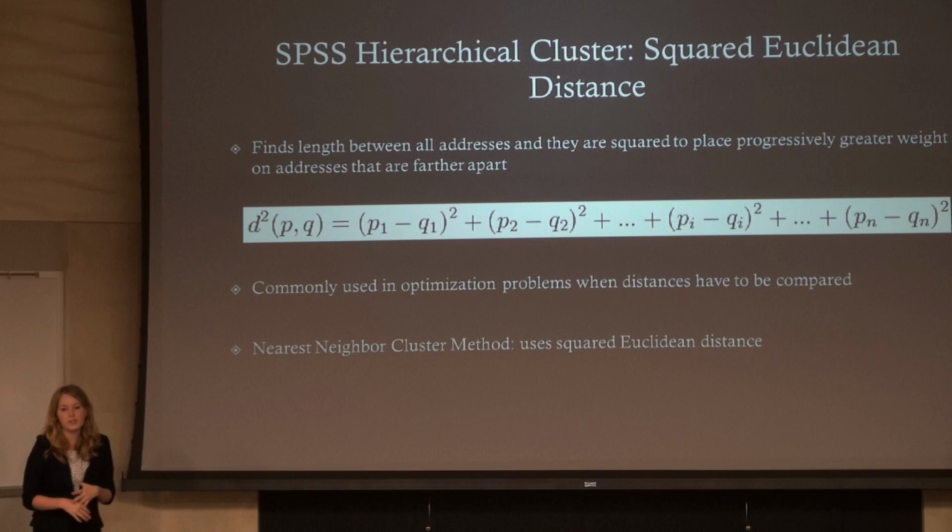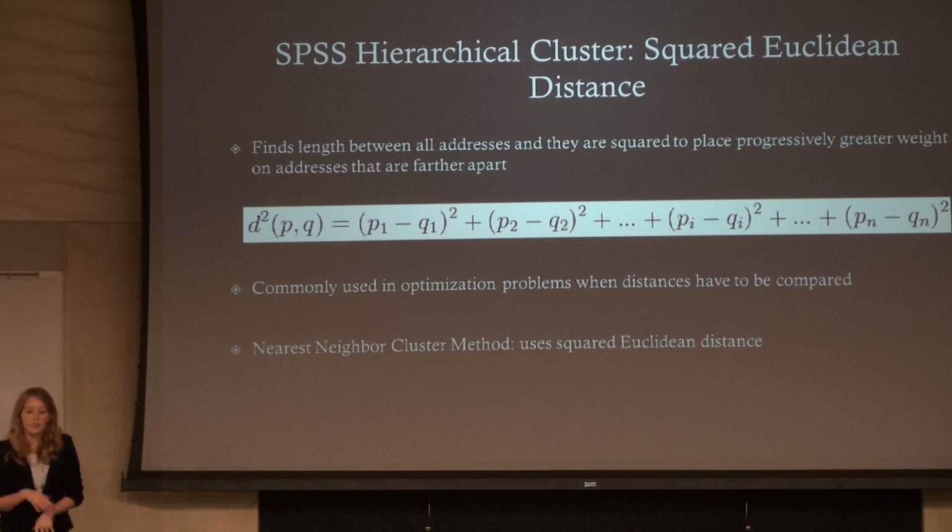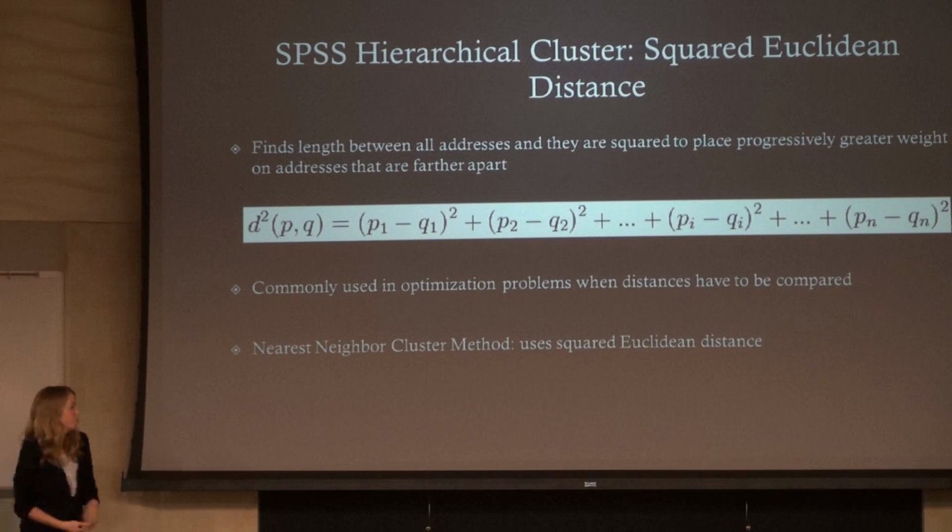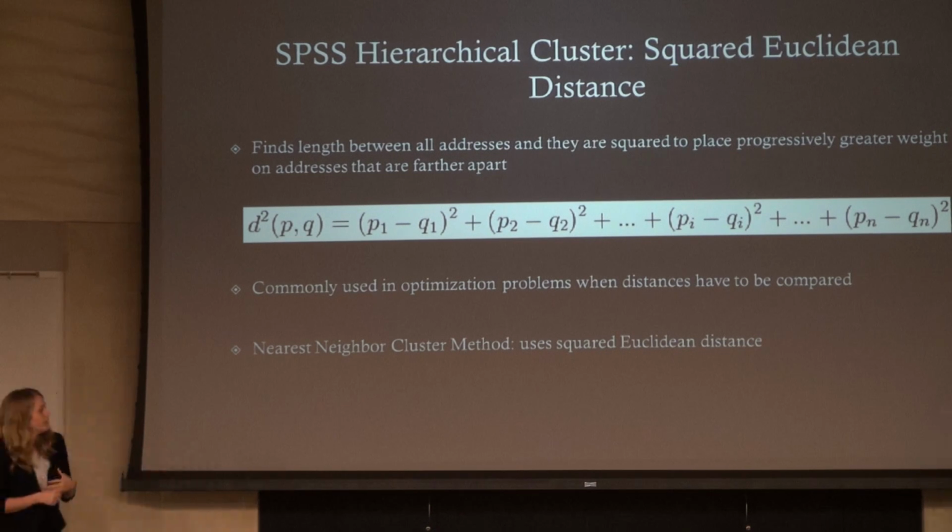The reason why we chose the squared Euclidean distance is it's commonly used in optimization problems to compare different distances, so we felt like it was really perfect for our problem. And then we used the nearest neighbor cluster method to actually form those clusters. That basically just uses that distance formula and takes that distance plane and tries to put the different clusters together. So it doesn't do it perfectly like K-means, but it gives you an idea.